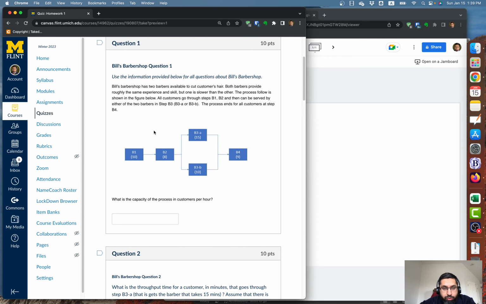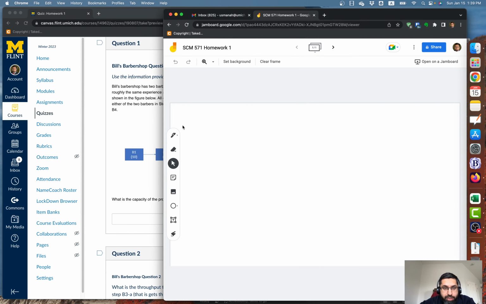So it's very important to understand what happens when you have two workstations or workers working in parallel for the same step and they have different times. If you did not have two workers here, the diagram would be much simpler.